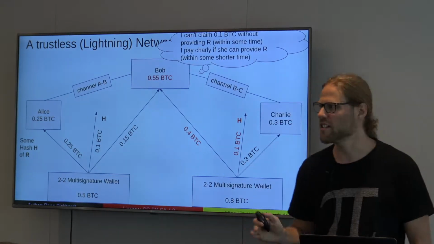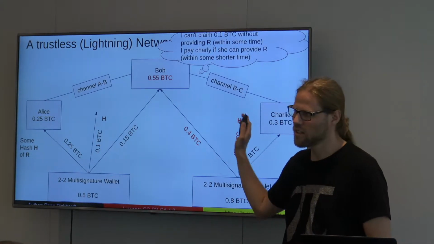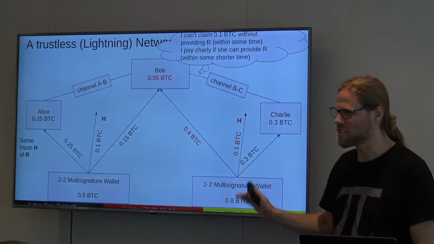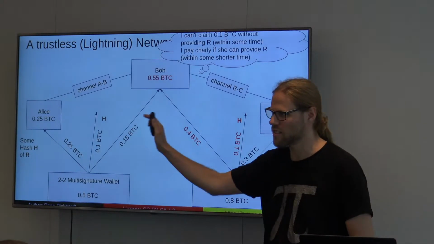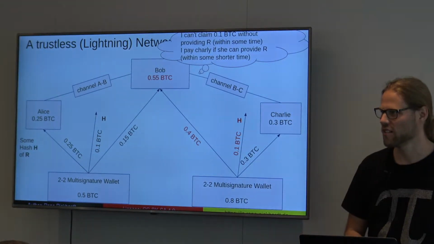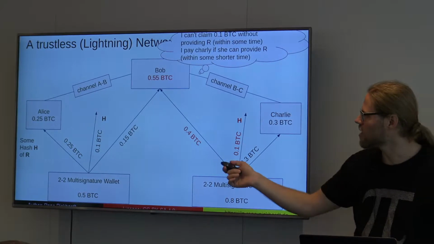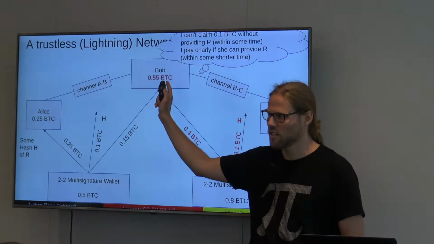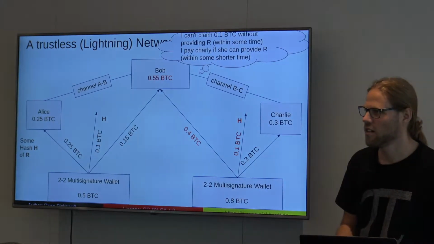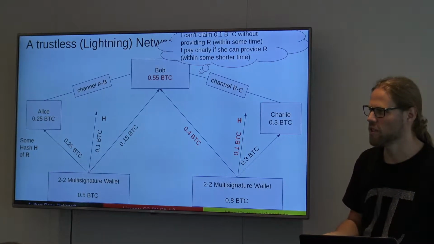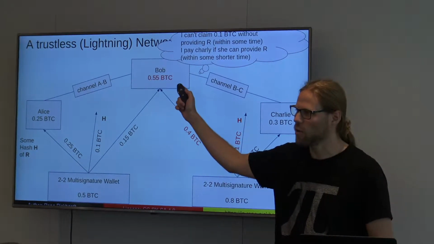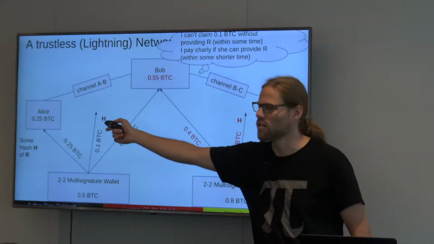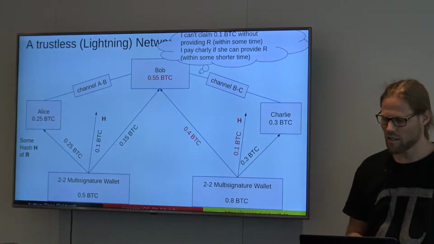But obviously, since the CLTV deltas are all fitting together, Bob knows that he won't lose money. But Alice, on the other hand, didn't need to trust Bob that this is really working, or that Bob is working properly. Because if Bob just doesn't forward the payment, then Alice gets her HTLC output back.